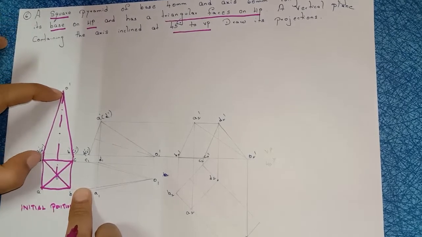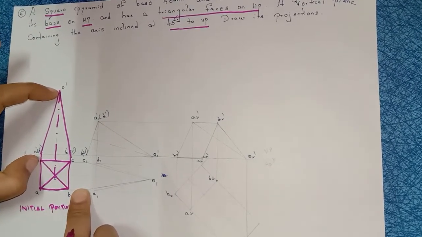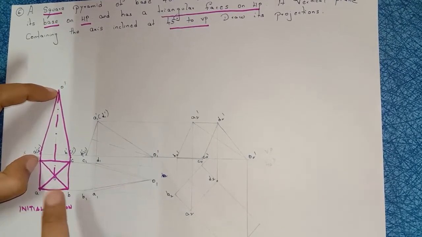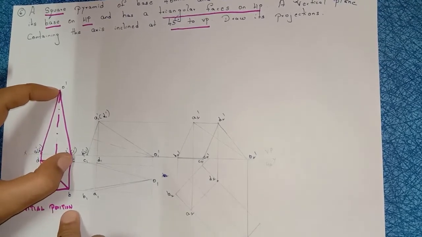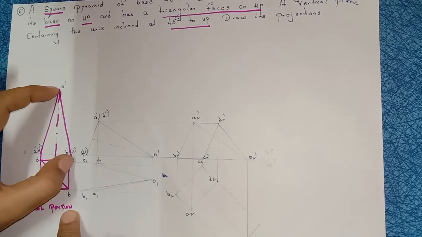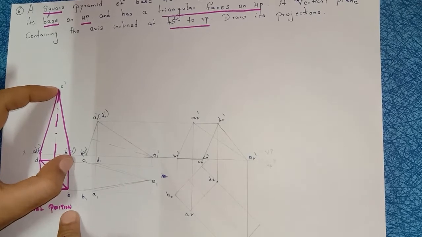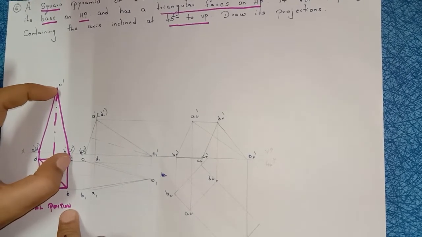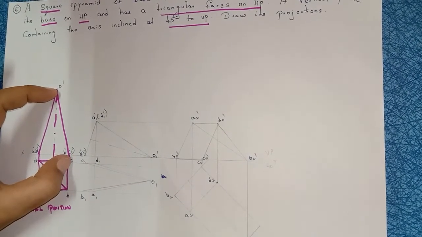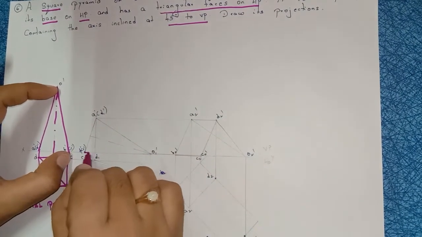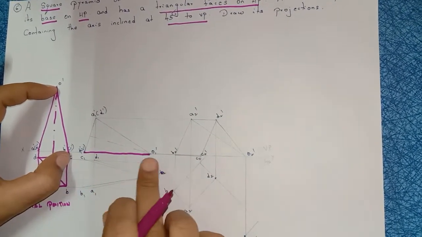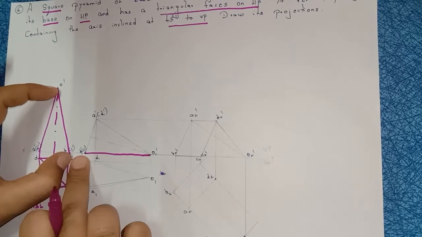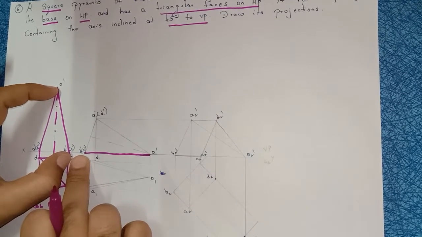O dash to A dash of D dash is one triangular face. So take any one of the triangular faces. I am considering this triangular face, O dash to B dash of C dash. I am taking this side with the help of scale. Right? And I am going to draw here O dash B dash of C dash. Right? So this face is completed.